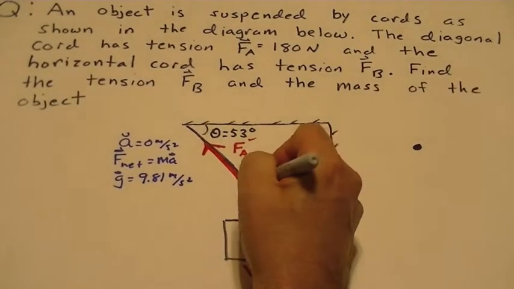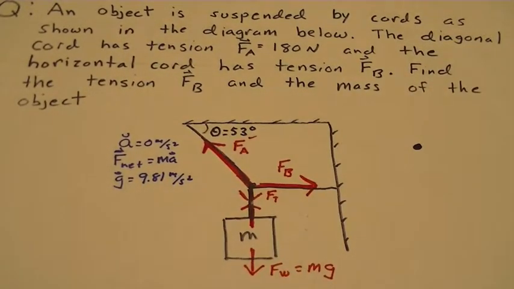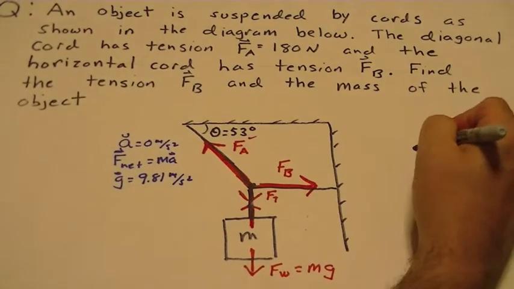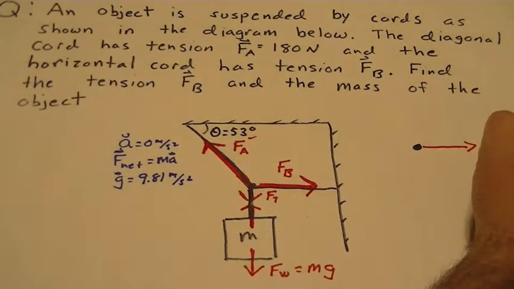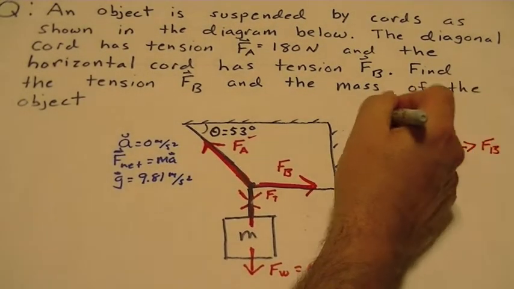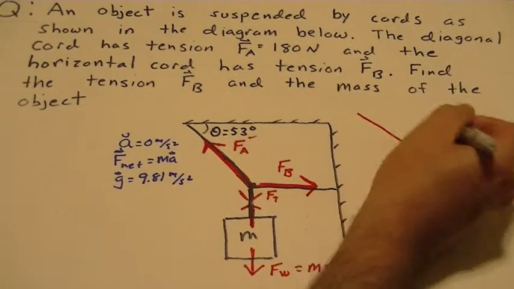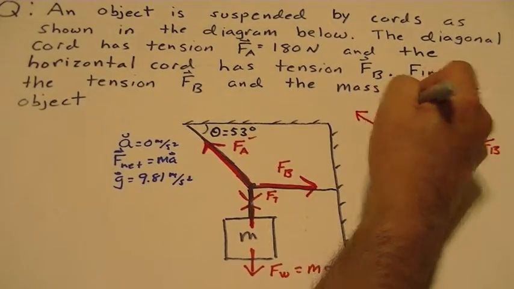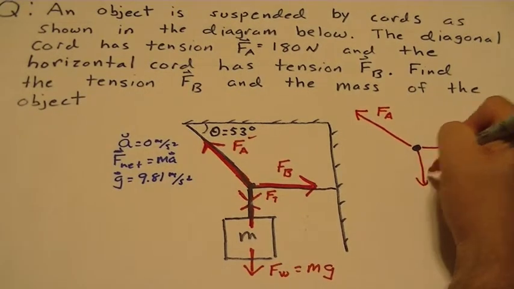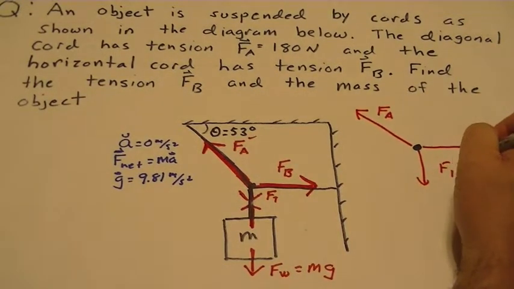At that point where the three strings are tied, I have the following forces. I have Fb, I have Fa going up at this angle, and I have tension Ft.